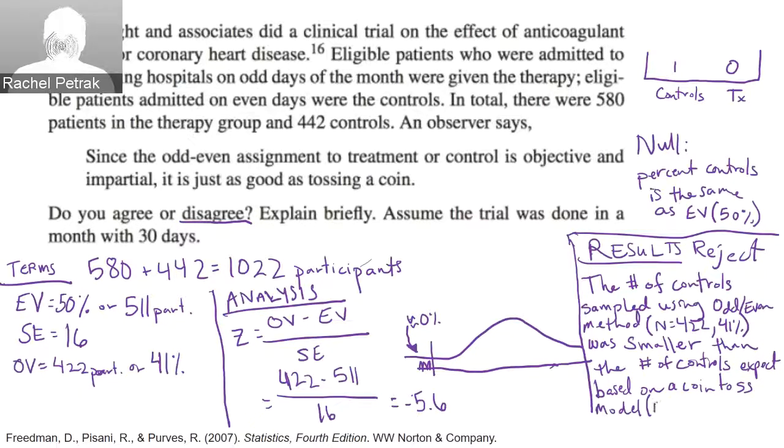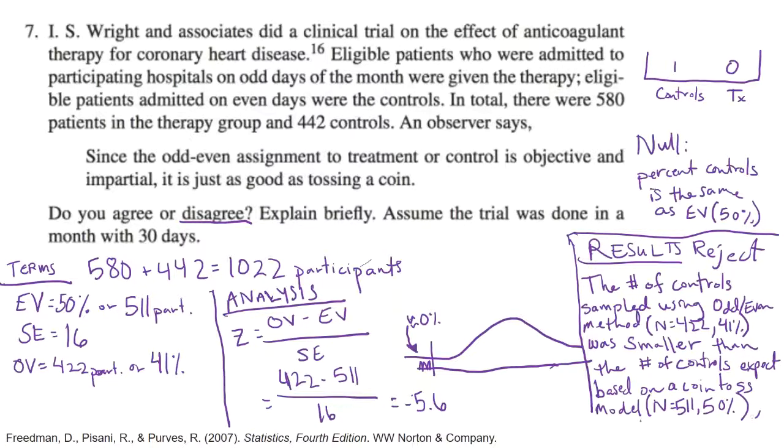And the number expected there would have been 511. That's our expected value, 50%. Comma, finally, we always end with our z equals negative 5.6. We can say, for our purposes, p is 0%.